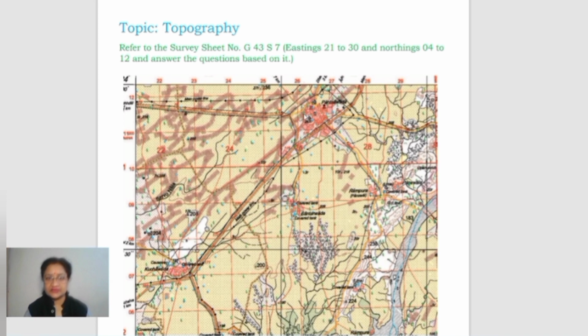All these facilities are available there: police station, post office, metal road, electricity. But when we talk about 2610, this is the square. In this only the metal road and the electricity facility is available. Only the metal road and electricity.